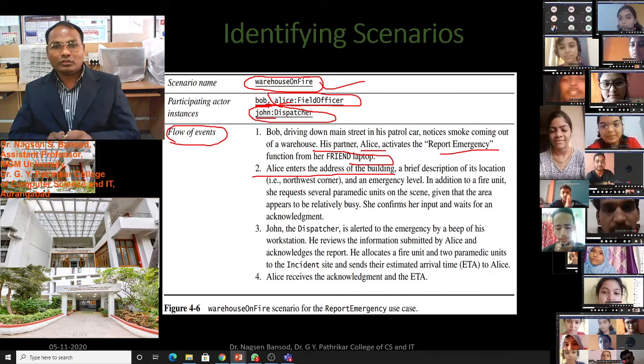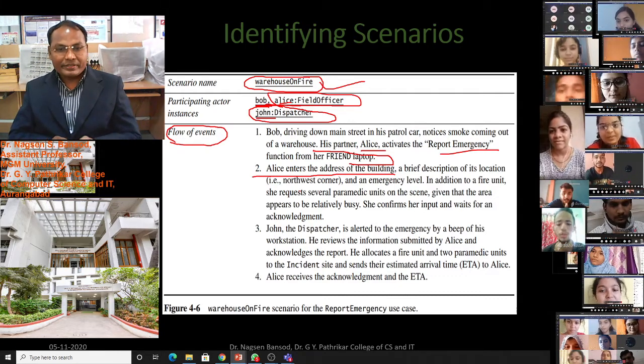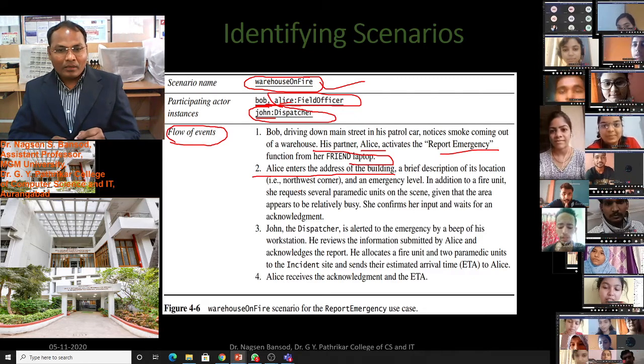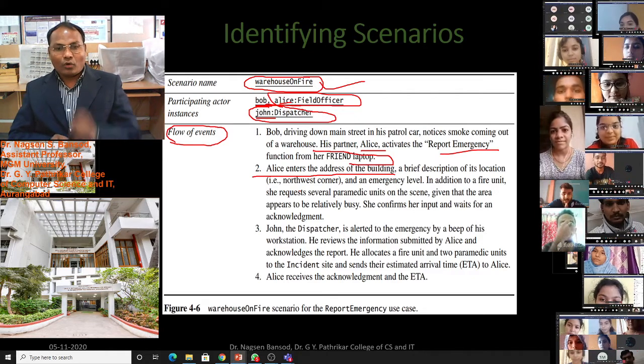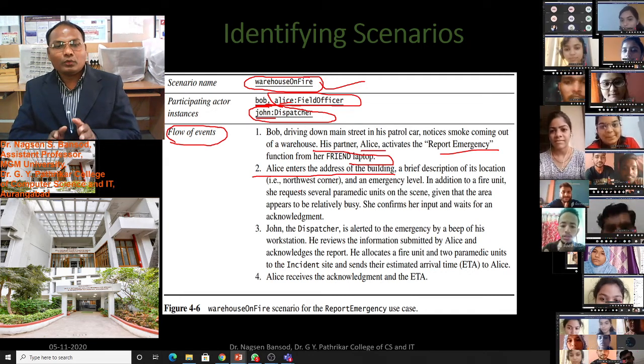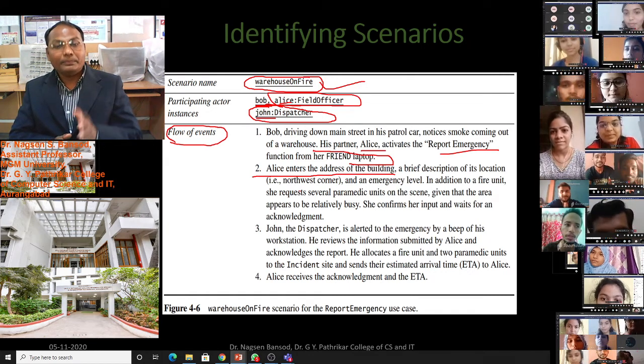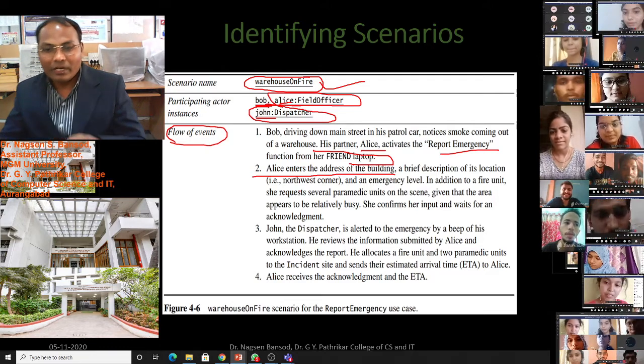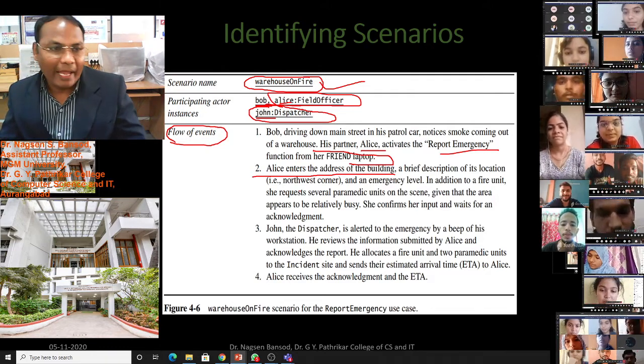In addition to the fire unit, she requests several paramedical units on the scene. Given that the area appears to be relatively busy, she confirms her input and waits for acknowledgement.